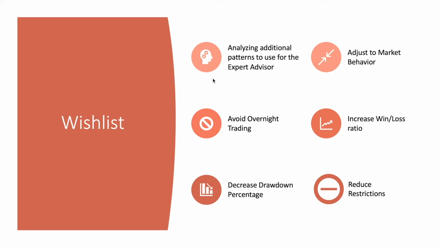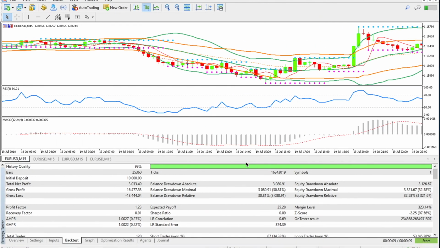I'll show you what this is exactly to just get a better idea about it. So I have my expert advisor running on the MetaTrader 5 application. This here is the MACD, this here is the RSI, and we have the Bollinger Bands and the rest of the indicators here.